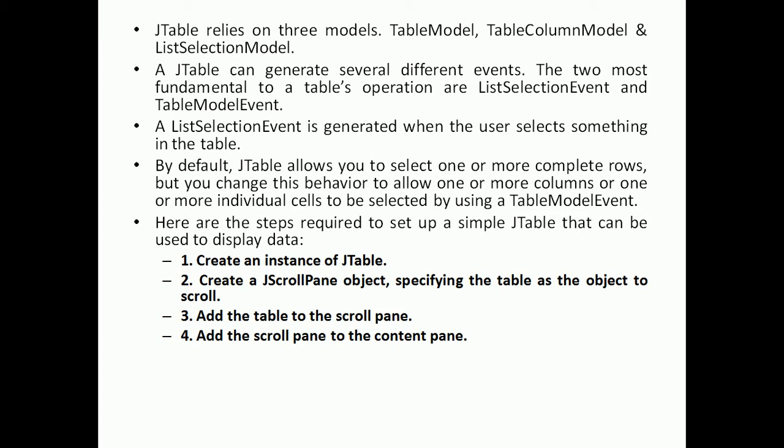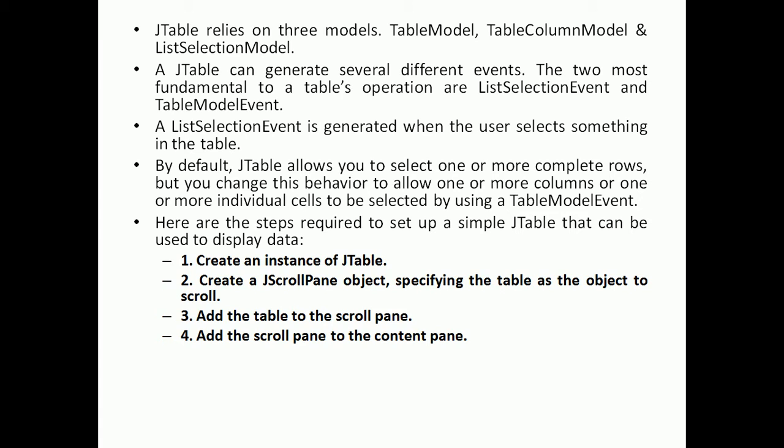Next, this JTable relies on three models. First one is a table model, another is a table column model, and another is a list selection model. A JTable can generate several different types of events. The two most fundamental to a table's operation are list selection event and table model event.